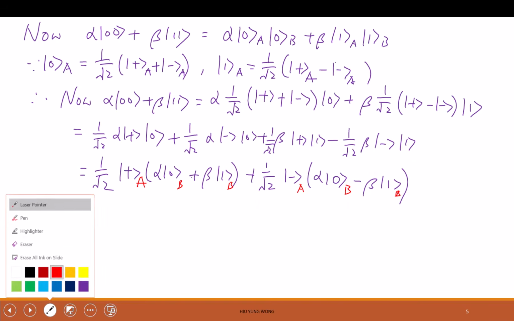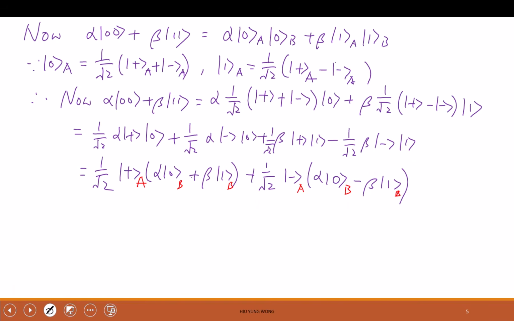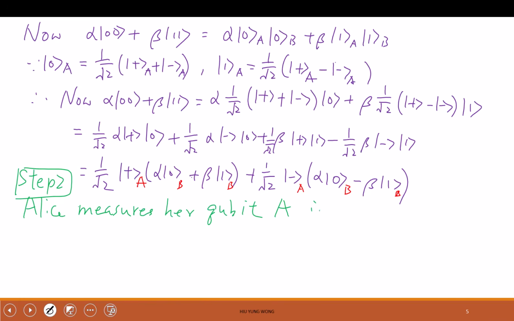So that's why now Alex will say, so I need to say step 2. Alex will perform a measurement. She measures her qubit A in the plus minus basis.